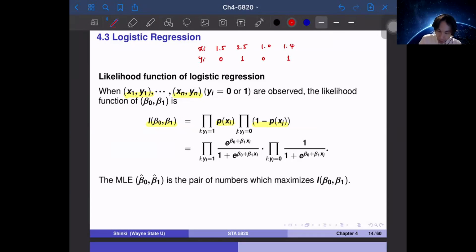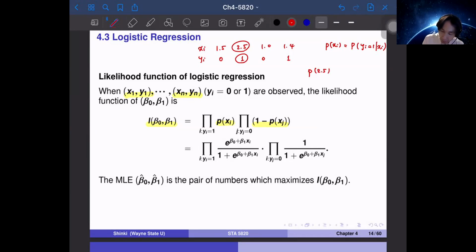Then we have the P of x1. P of x1 is the probability of y equal to 1, right? So the probability of y1 equal to 1 given xi. If xi is 2.5 and yi is 1, then the likelihood is the P of 2.5, because P of 2.5 is the probability that yi is equal to 1, and actually yi is equal to 1.